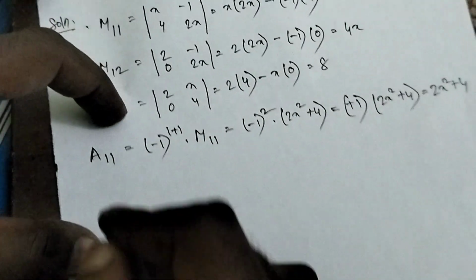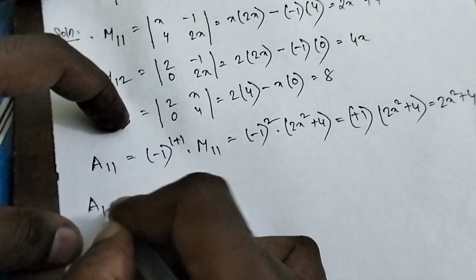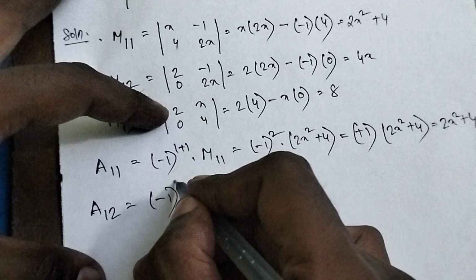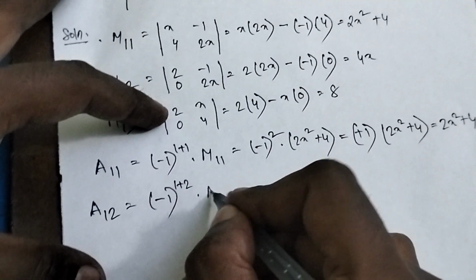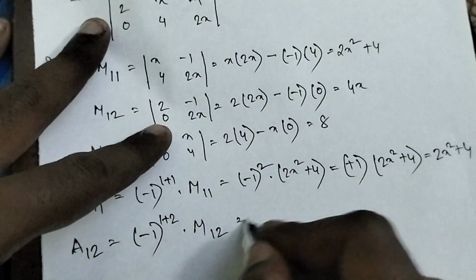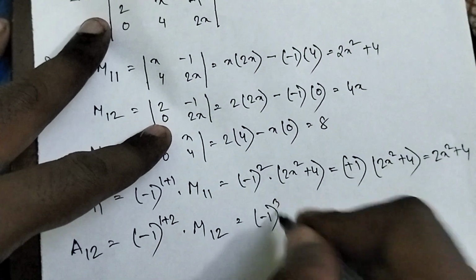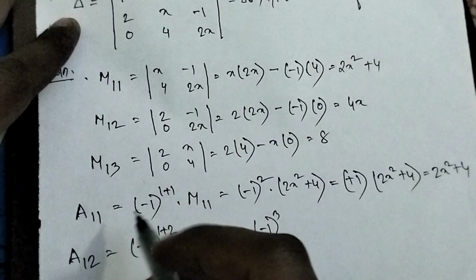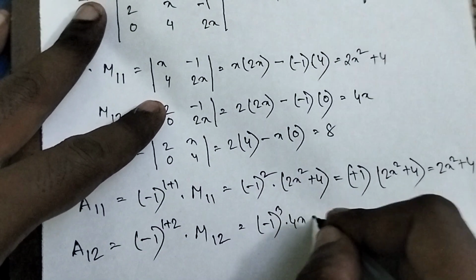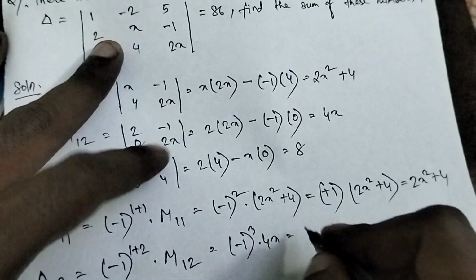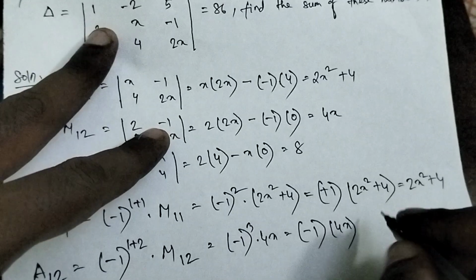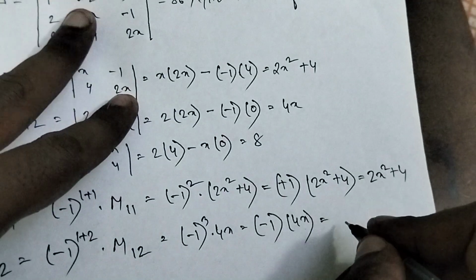Now we will find the cofactor of row 1 column 2. It would be minus 1 to the power 1 plus 2 into the minor of row 1 column 2. So it will be minus 1 cube, and the minor of row 1 column 2 is 4x. Minus 1 cube is minus 1, so minus 1 into 4x is minus 4x.